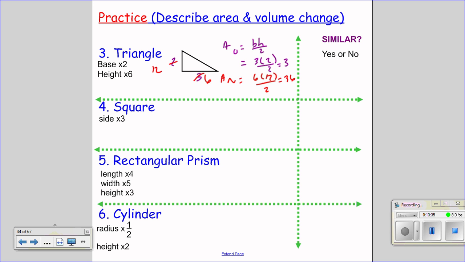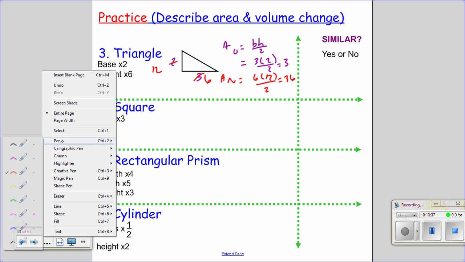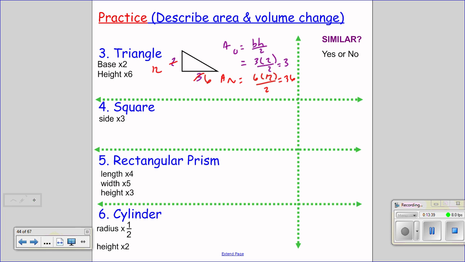So the ratio is 36 to 3, which is 12 to 1. Are these similar? No. Again, in order to be similar, the dimensions have to be multiplied by the same factor. However, look at that. The ratio is, again, 12 to 1.